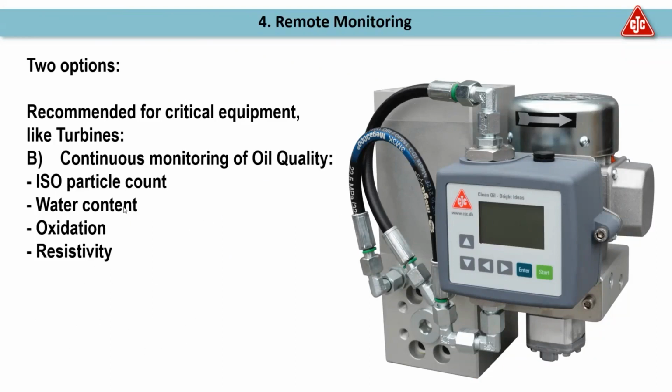You will get the water content as measured in relative humidity or relative saturation in percent, meaning that if you are below 80%, you are in the safe zone and there is not enough water present to cause any damage on moving parts. Other sensors are available: oxidation and resistivity. Resistivity is especially important for steam turbine EHC systems.